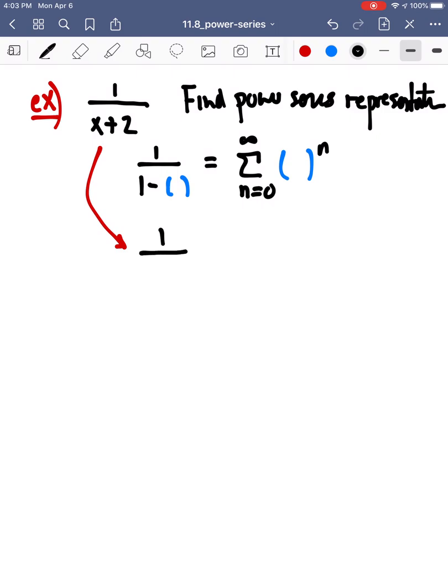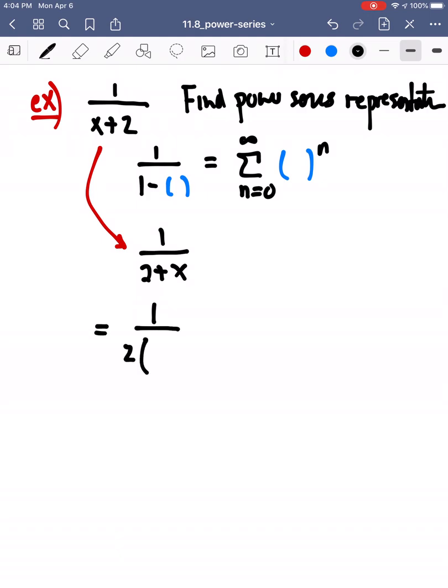So we have that this is 1 over, let's switch the denominator order to get that number first. Well, we're not quite in that form because this 2, we want that to be a 1. We don't want that to be a 2. So we get to do a little bit of algebra here. What we can do next is pull out a factor of 2 from everything in the denominator.